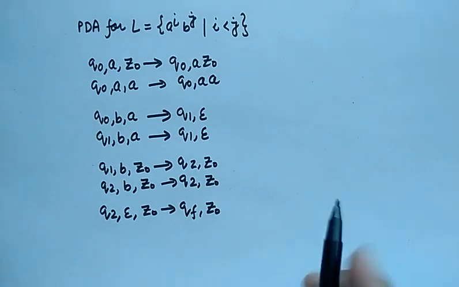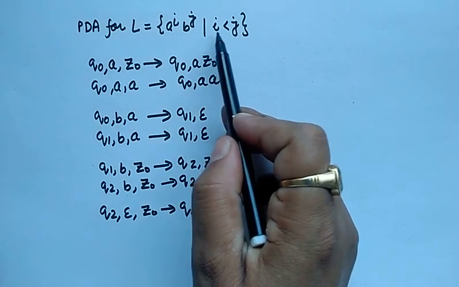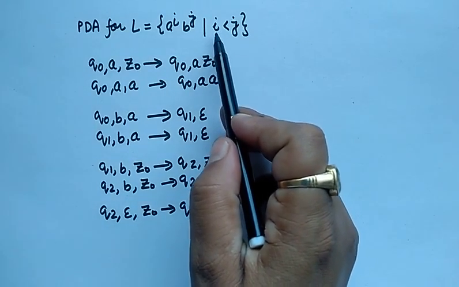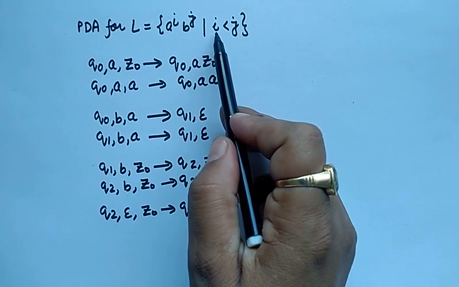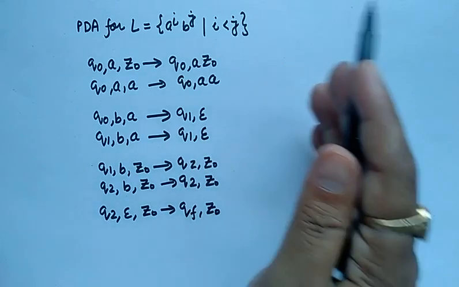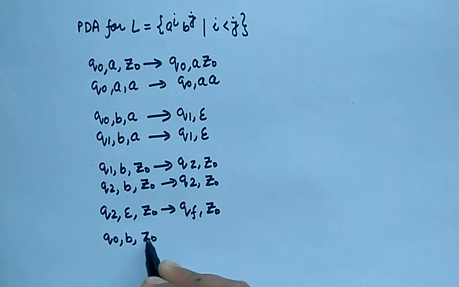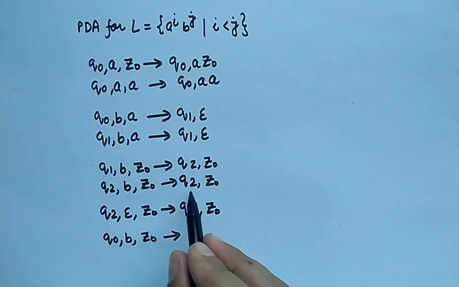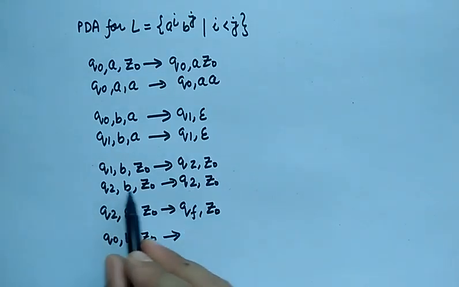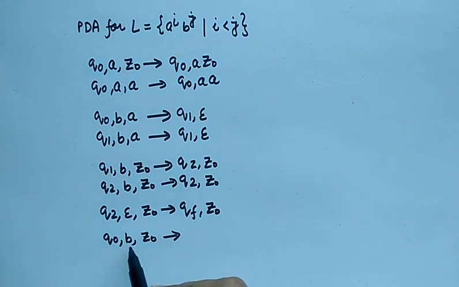And like in the previous problem, I greater than J, here I may be 0 also. So when I is 0, we will get the very first input as B. So the situation will be Q naught, B, Z naught. So what will we do? We will move to state Q2. There is no chance A will come, only B will come.